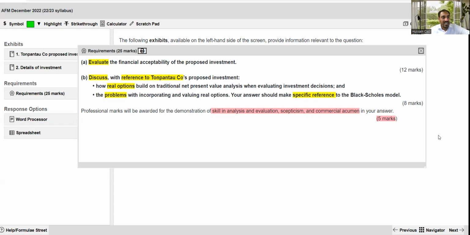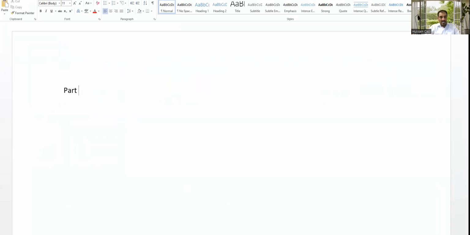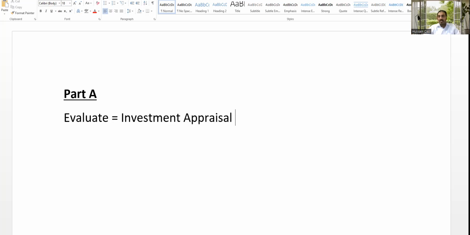So number 1, if the examiner mentions the term evaluate, here evaluate means investment appraisal.